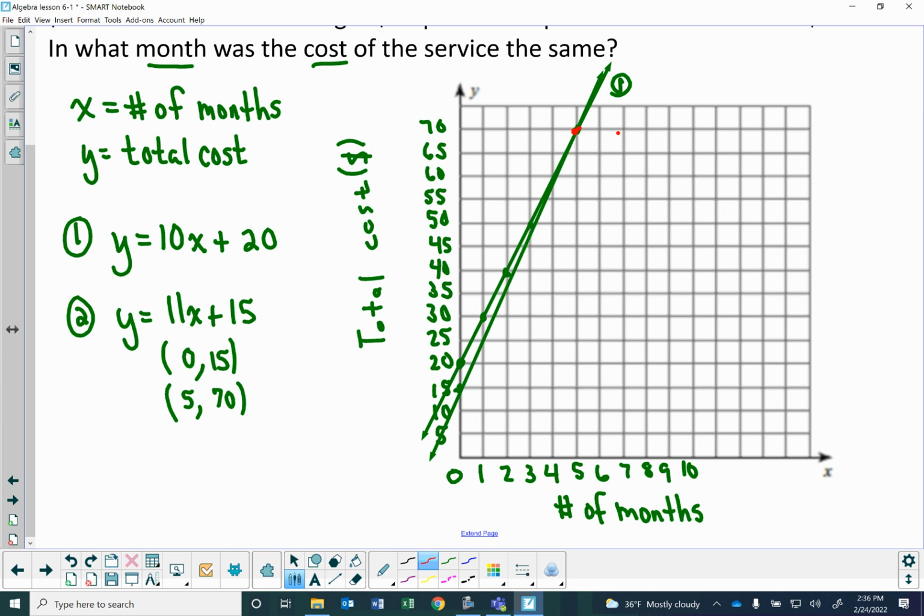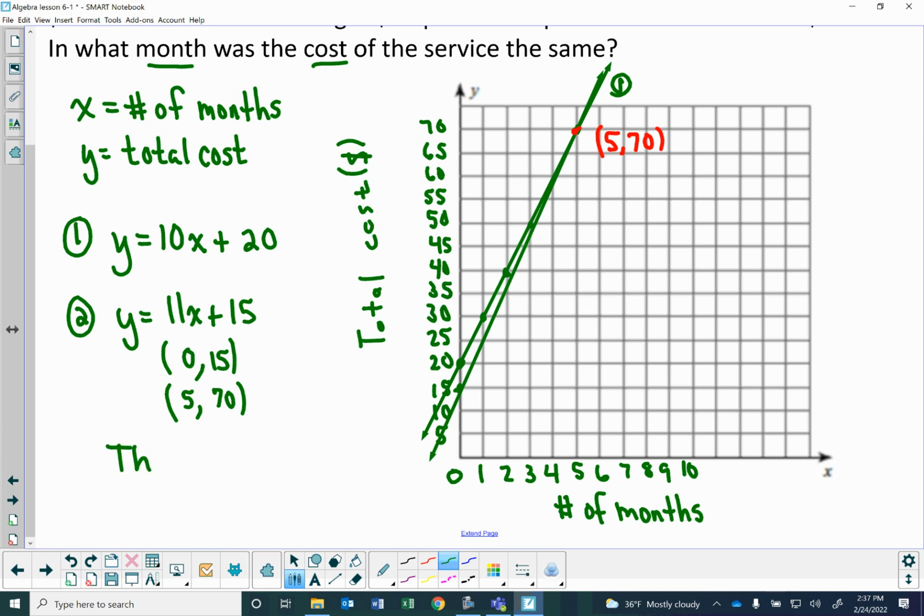So this point is (5, 70), but this is a word problem, so we can't just name the point. We actually have to explain what that point means, because it says, in what month will the cost of the service be the same? The cost of the service will be $70. Each one will cost $70 in that 5th month.